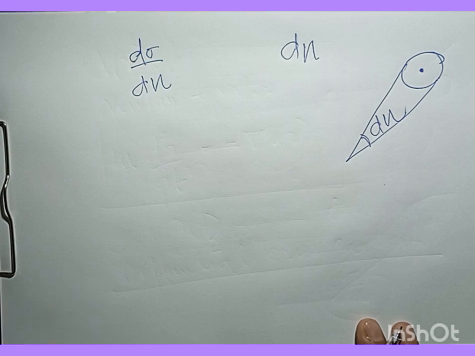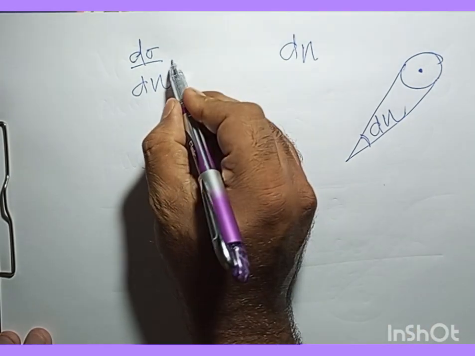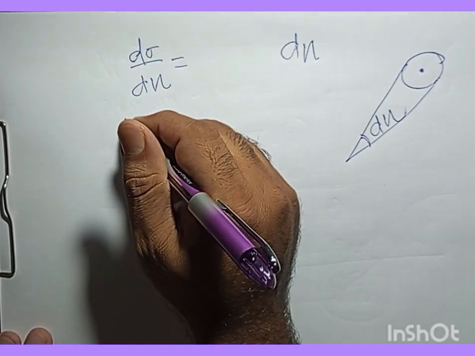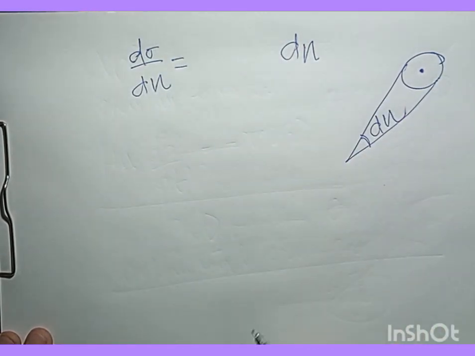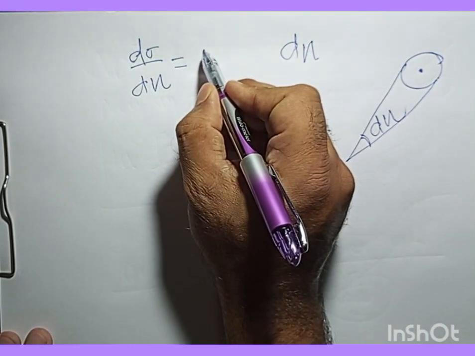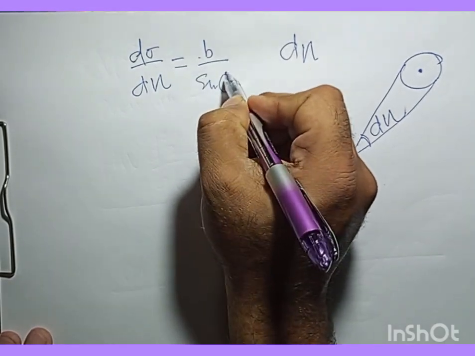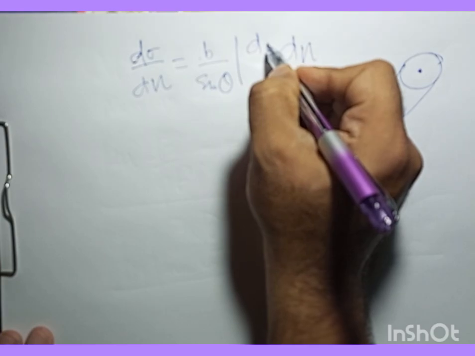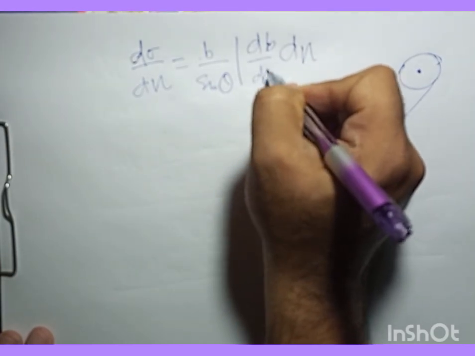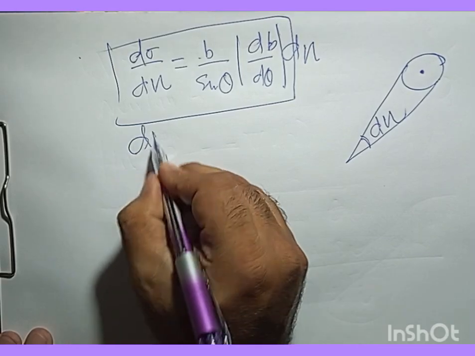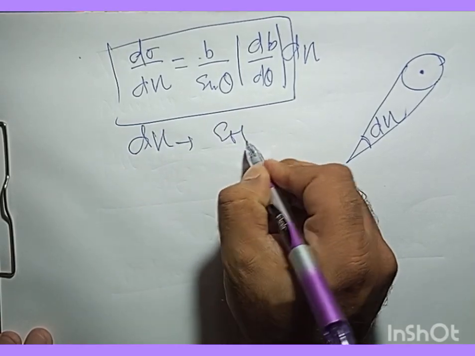And it is related to the impact parameter and the scattering angle. We'll not go into the details of that. We'll write down the result. The result is b by sine theta times the magnitude of dB by d theta, where d omega is our solid angle.